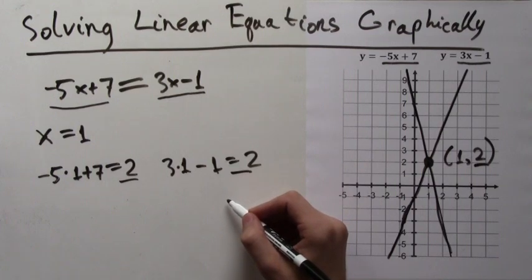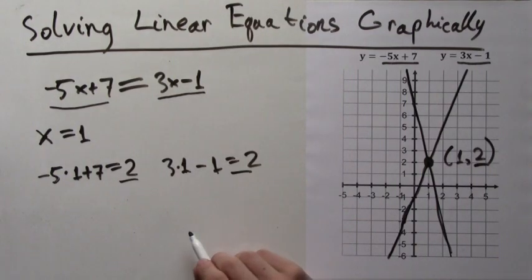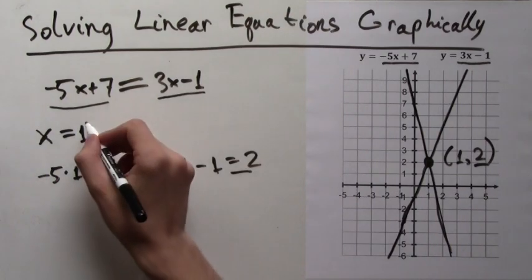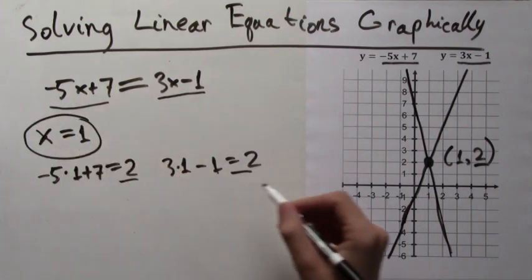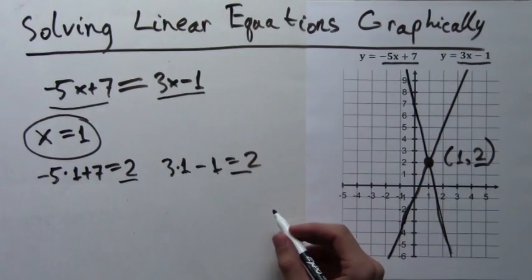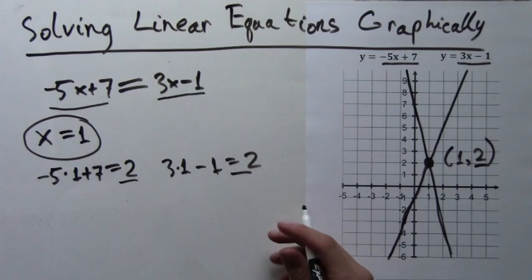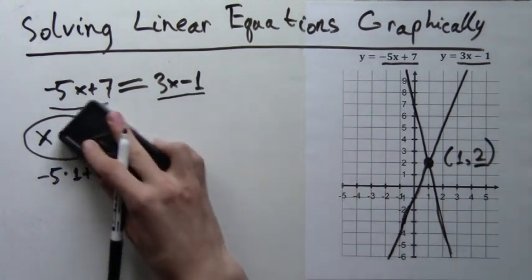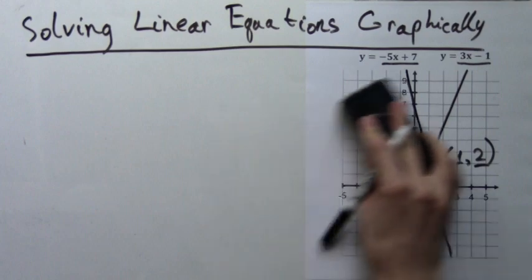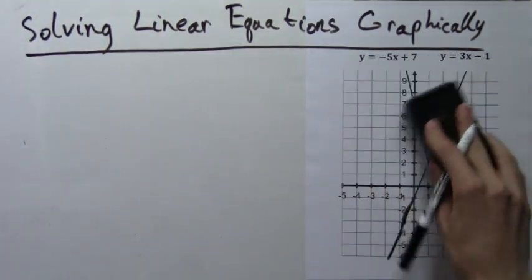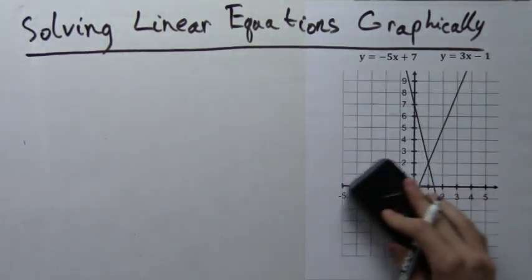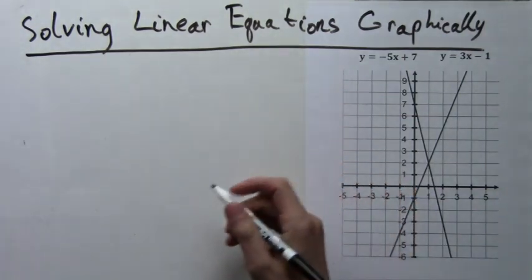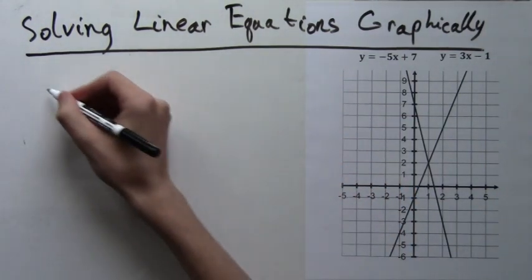And notice that the y value, 2, is what we get when we plug in x equals 1 on both sides. That is why we end up with the same point where both lines intersect. That's because when we plugged in x equals 1, we got y equals 2 for both equations. So they share that point.